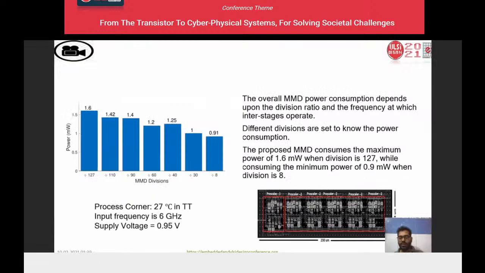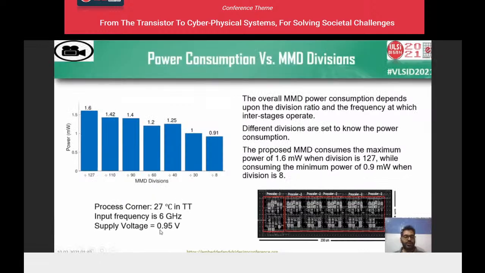Then considering a particular case, a supply voltage of 0.95 and an input frequency of 6 gigahertz, with the process corner we change the division ratios and found the maximum and lowest power consumption. When division is 8, the power consumption is 0.91 milliwatt, and when 127, the highest division ratio, we get 1.6 milliwatt.